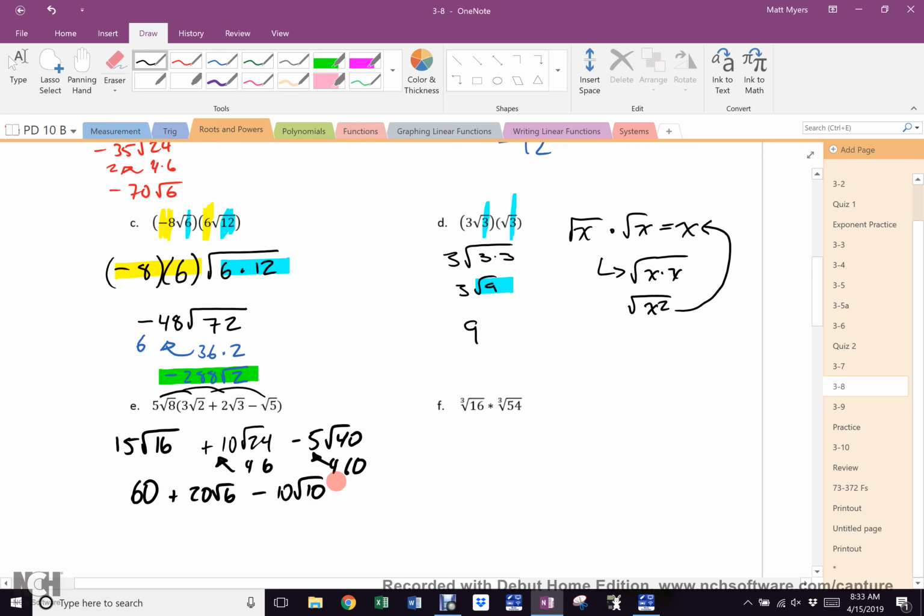Now, here we get to F. This is where I find out if you've been paying attention or if you've just been learning steps like trained monkeys. What are you going to do first with F? How many of you would go the cube root of 864?